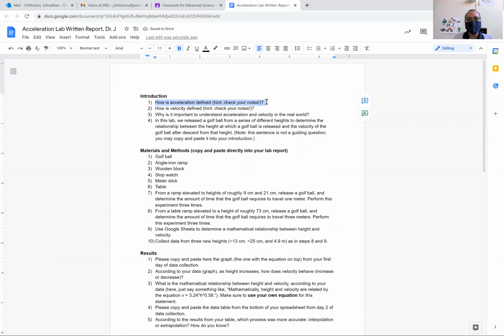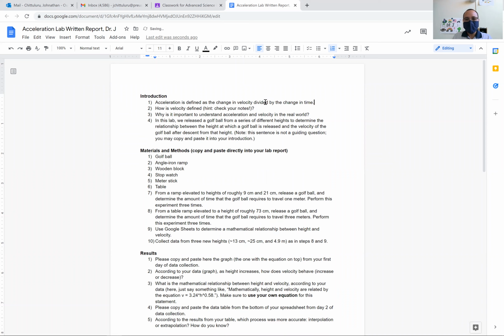All right, so how is acceleration defined? Let's go ahead and get that written down. In our notes, acceleration is defined as the change in velocity divided by the change in time.